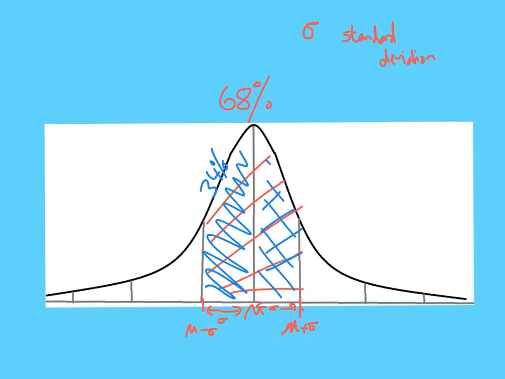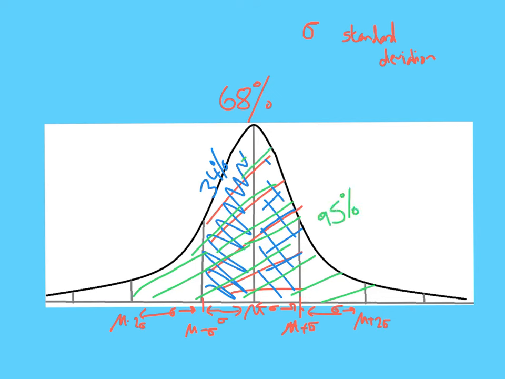Okay, but we go out again, so we've got another standard deviation here, so that's the mean plus 2 standard deviations, and likewise this side, that's the mean minus 2 standard deviations. And this time, that is 95% of the data. So all of this, everything there, is 95% of the data.